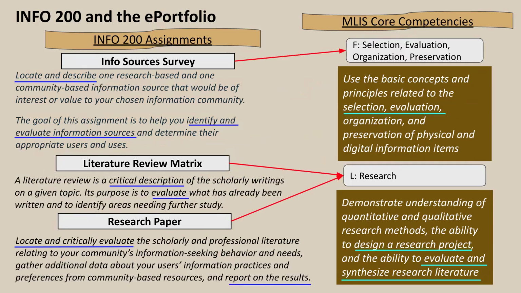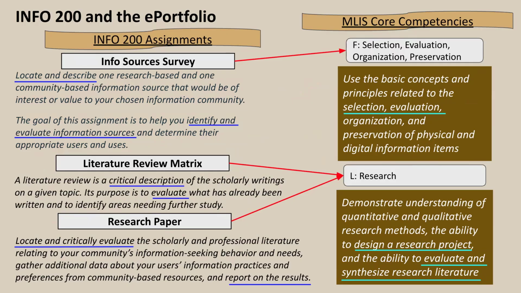And finally, the Information Sources Survey, the Literature Review Matrix, and the final research paper all have to do with locating information, describing and evaluating it critically, and synthesizing it into your final report. As you know, to synthesize means to combine all the parts into a coherent whole.